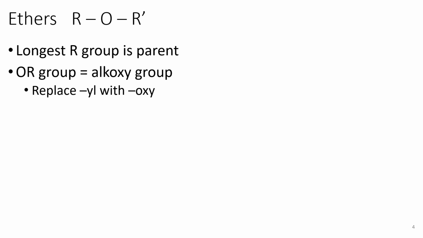The way we name these under our IUPAC nomenclature is that we find the longest R group, so whichever side that is, the right or the left, and that becomes our parent. We then label the OR group, what is left, as an alkoxy group. And we're going to replace the -yl ending that we would for the alkyl group with -oxy to represent the OR group instead of just being the R group.